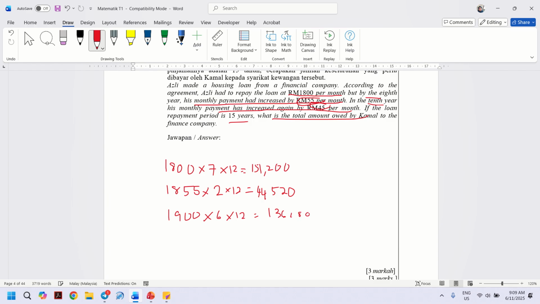What you have to do with all these numbers is find the total. You total out all the amounts: 151,200 plus 44,520 plus 136,800.